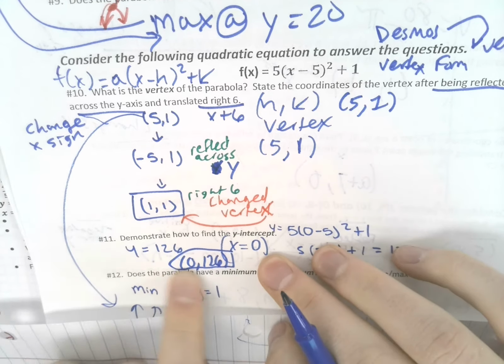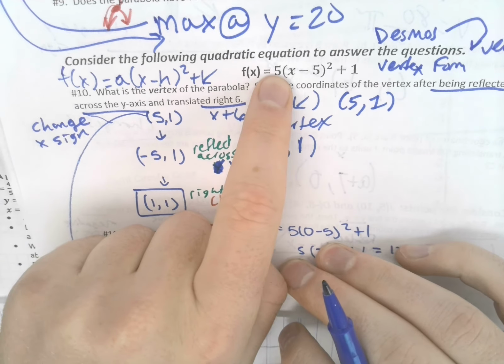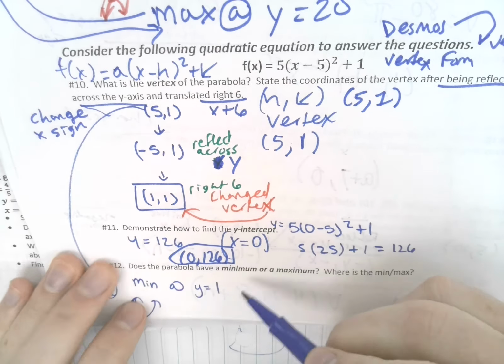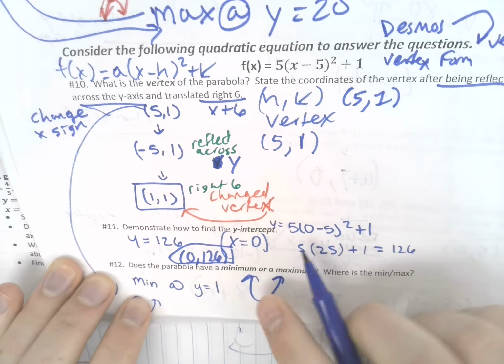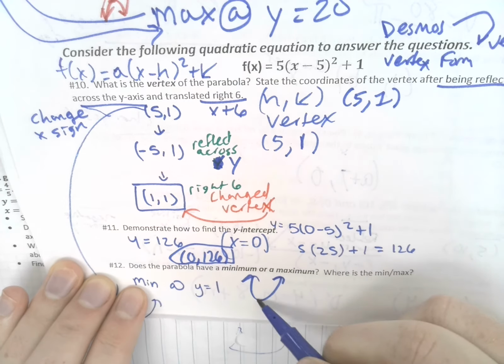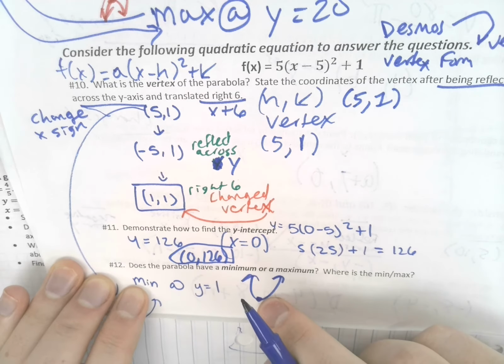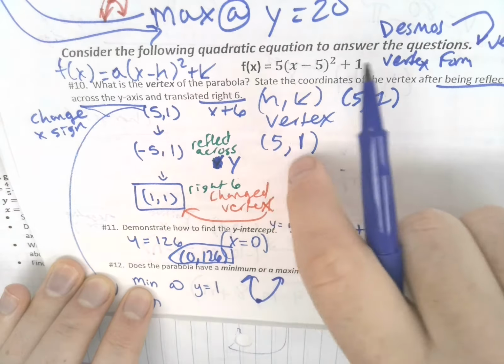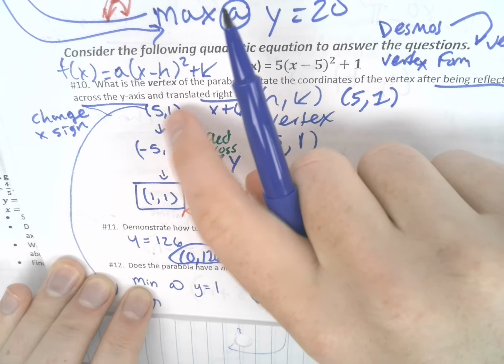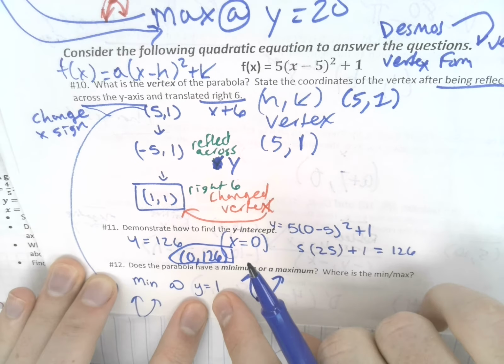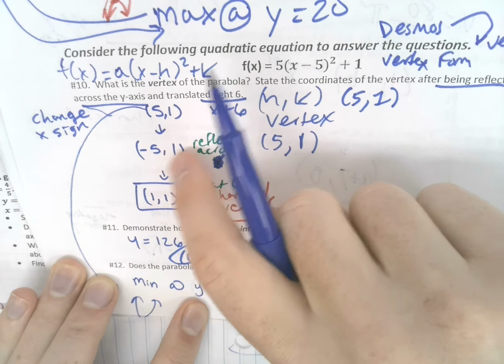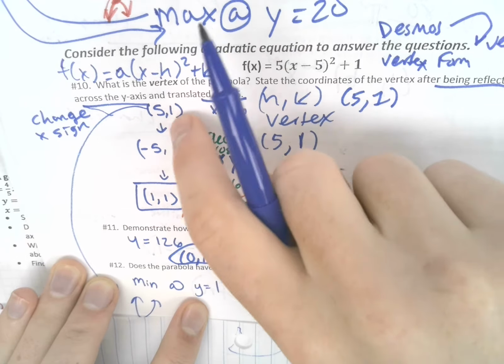And finally, a +5 out front means we got a smiley face. We got a minimum. And that vertex is going to be, its minimum value is going to be at, so we look back at the original, going to be at 1, based off the y. Actually, this one right here.